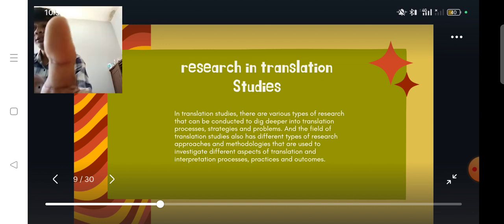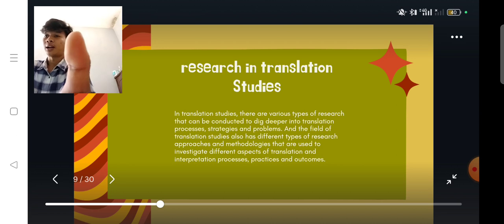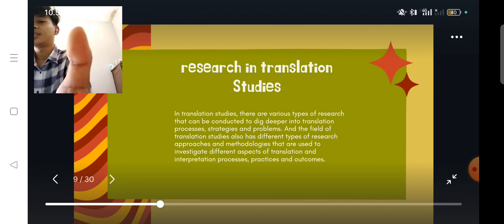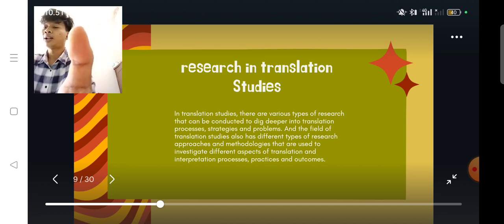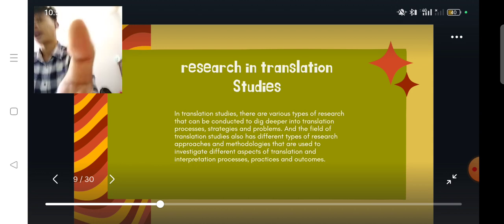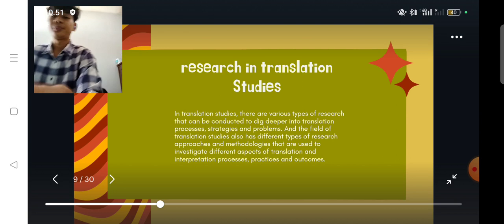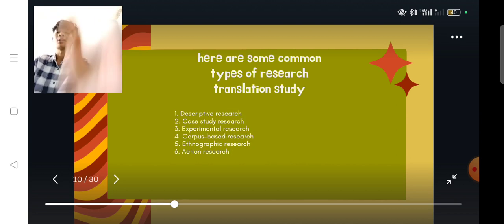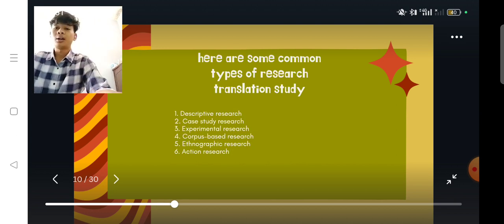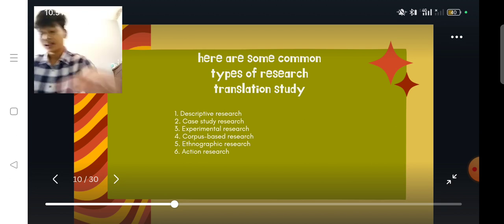In studying translation also, there are several types of research conducted to understand and analyze the process of translation and related phenomena. Here are some common types of research in translation studies.